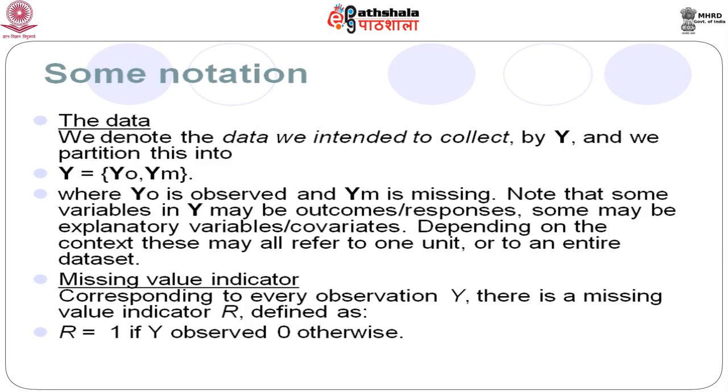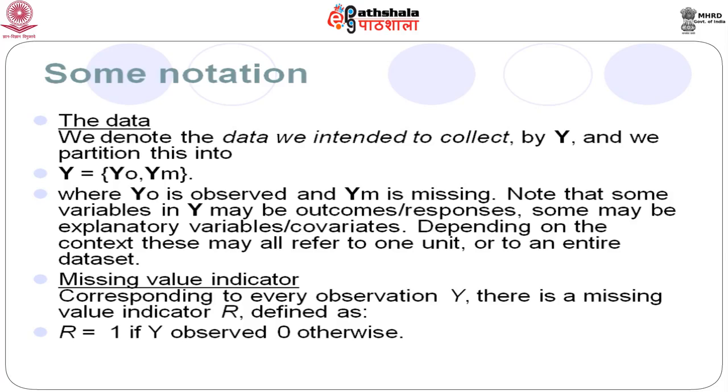Now, we go for some notation that is used to study the various missing patterns and the modeling and others. So, suppose we have the whole data set y, and for which we have y naught, the data available, and ym, the data missing. So, I accumulate all the missing observations under ym and all the available observations under y naught.